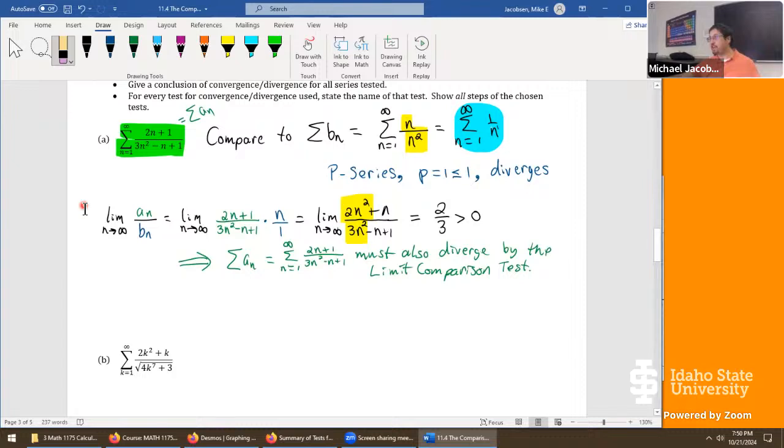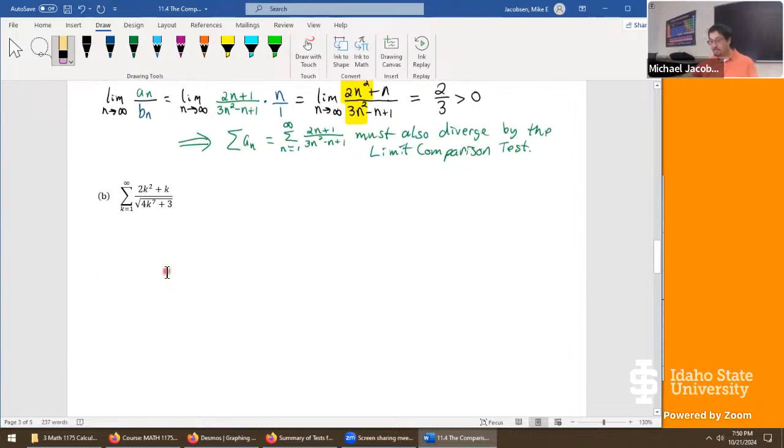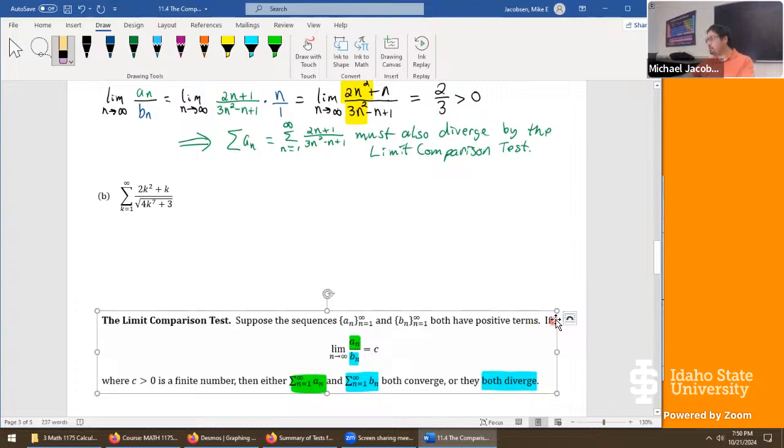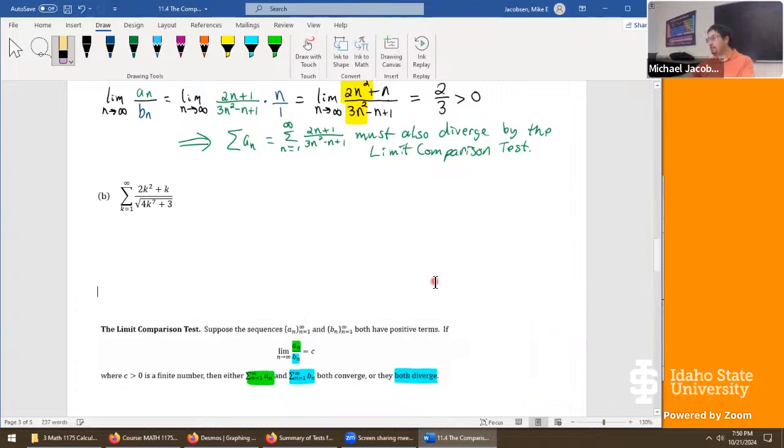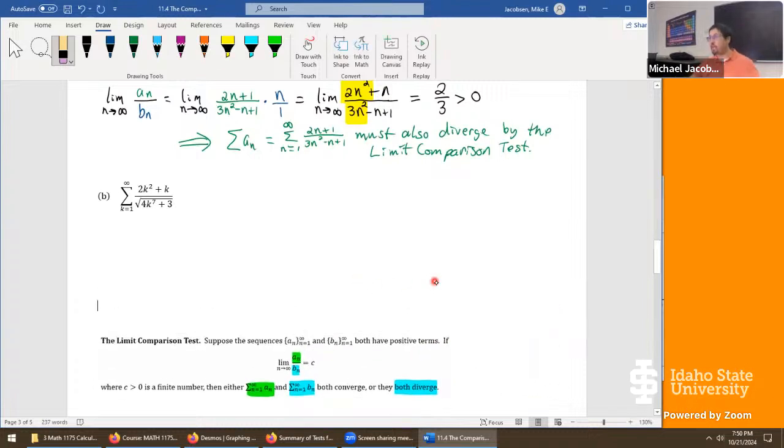Okay, let's give this next one a try. It's the same idea as before, except that it's just a messier looking series by a lot compared to the other one up here. So when we go to do the comparison test, however, it still starts off the same sort of way. This is the original series, summation An. We're giving it a name, so when we come down here, we're knowing what we're referring to.